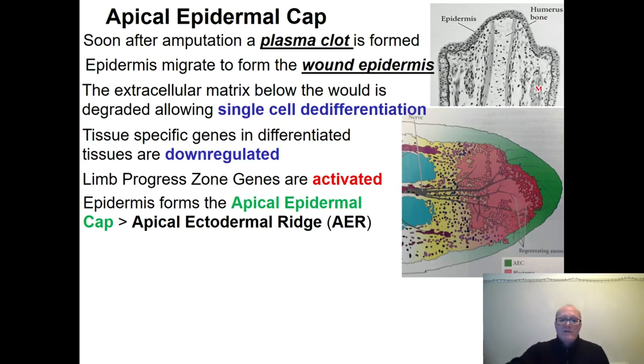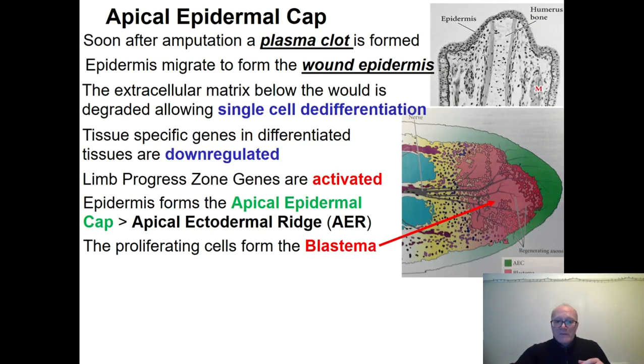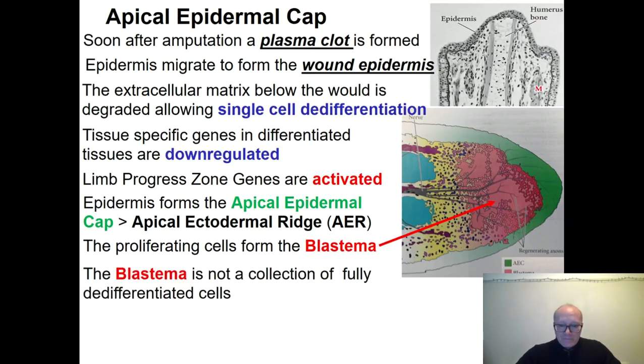This apical epidermal cap, which you can see here in green, functions more or less in a similar way to the apical ectodermal ridge. It is a signaling center that provides information to the regenerating blastema, which you can see here in red, and instructs it to continue proliferating, very similarly to what the apical ectodermal ridge was doing with the progress zone.